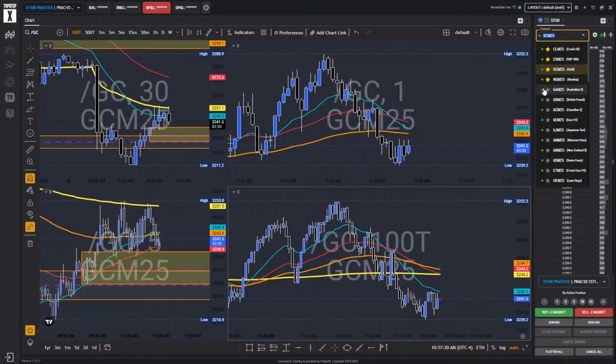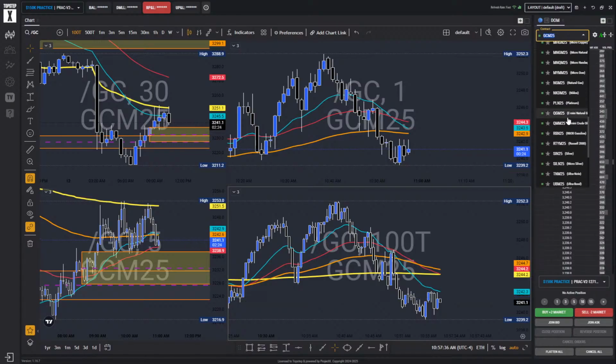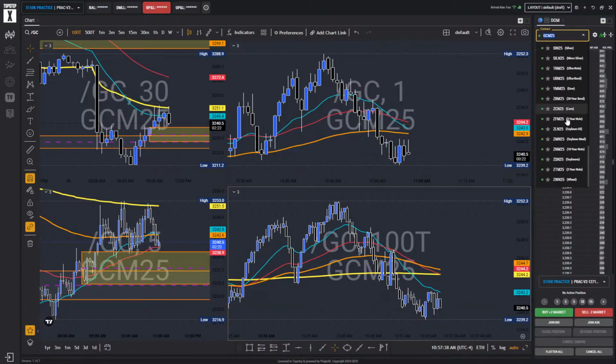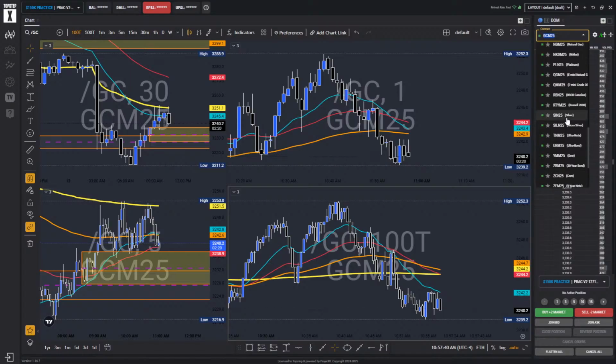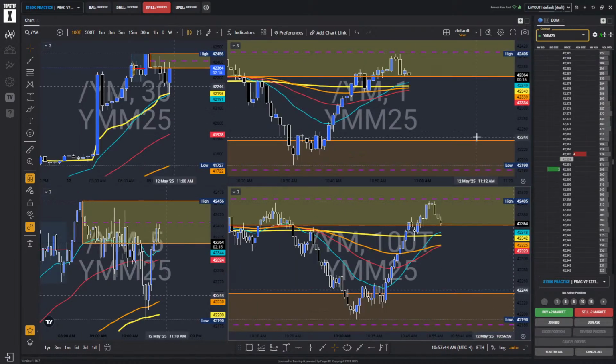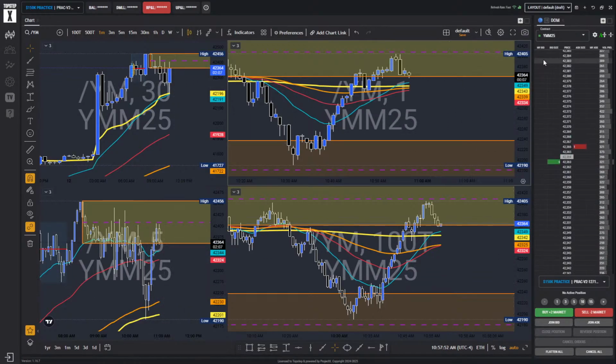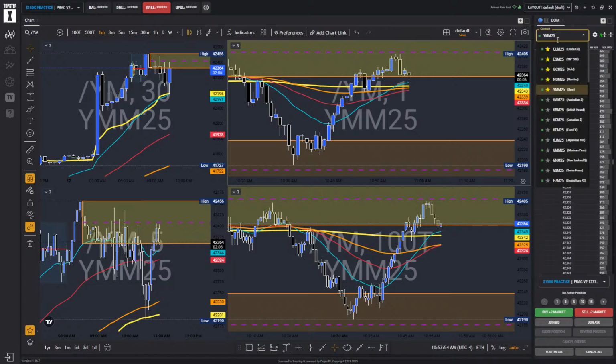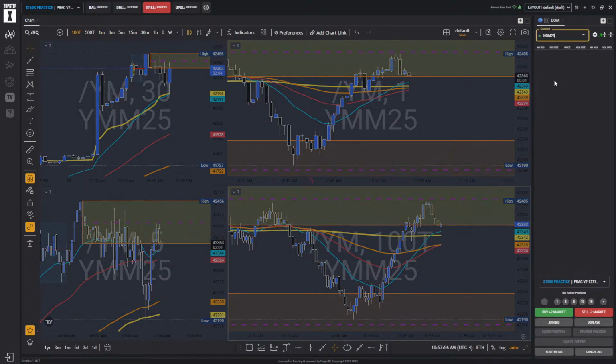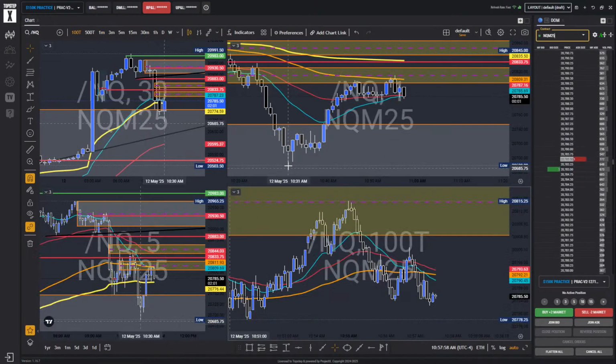Last minute pulling up our Dow. Oh, we just unfavorited it. We just unfavorited the Dow. Let's go back and return it to its rightful position. Damn, favored again. How lovely. Back into the NASDAQ.